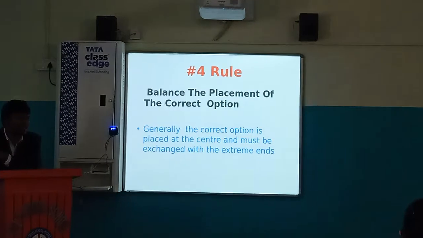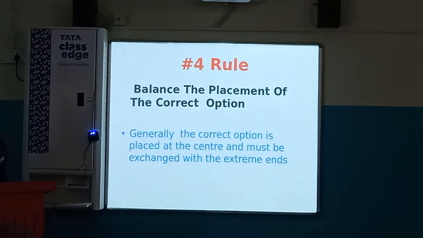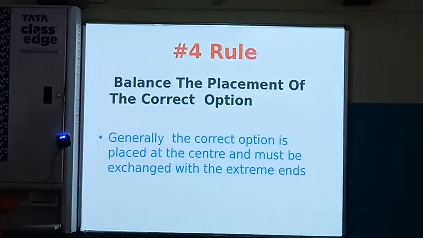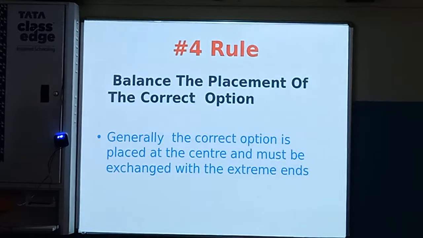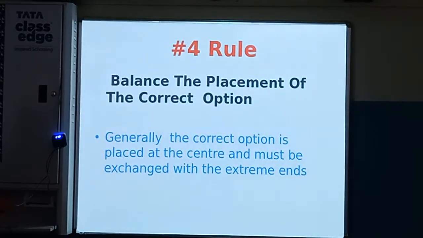If the student is solving the easy questions first and finds that all the answers are C, he will start choosing option C. So we will not be able to assess the correct knowledge of the student.